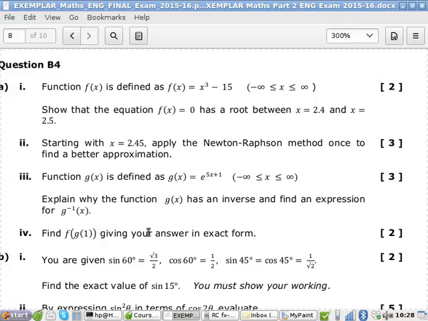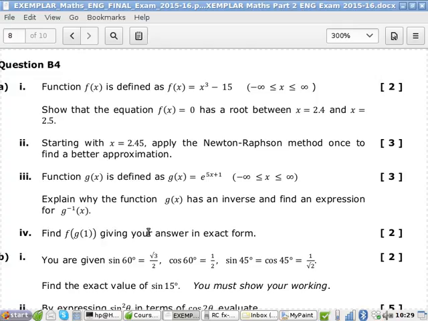So you've done part 1, so now on to part 2. Did you get a root?